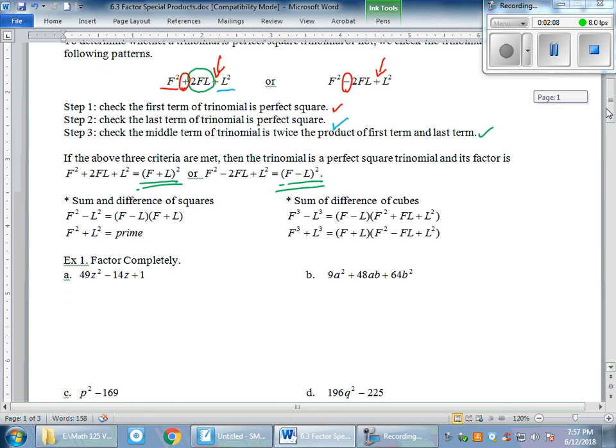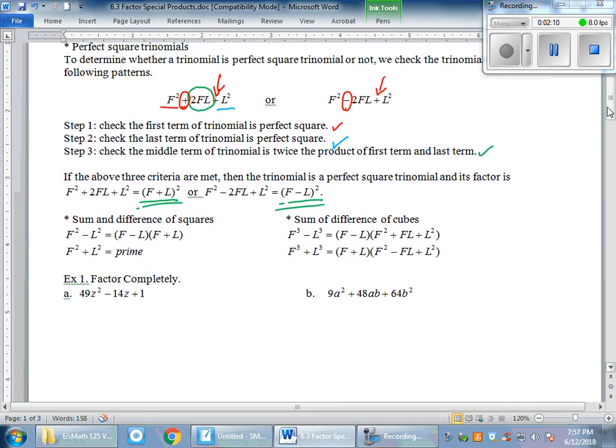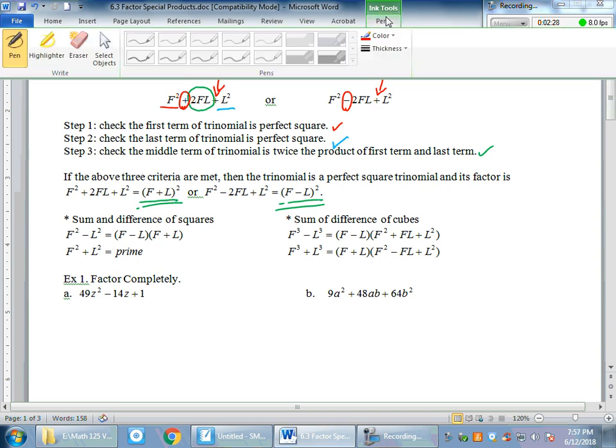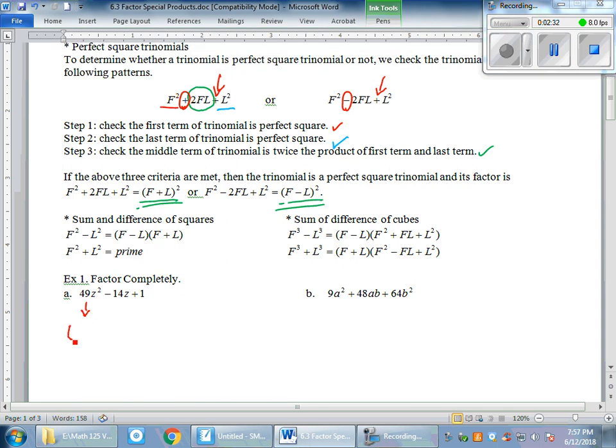So let's talk about example number 1a. First thing I need to check is whether the very first term is a perfect square or not. Yes, it is, because 49 is a perfect square number, and z squared, so I can rewrite this first term as 7z to the second power.